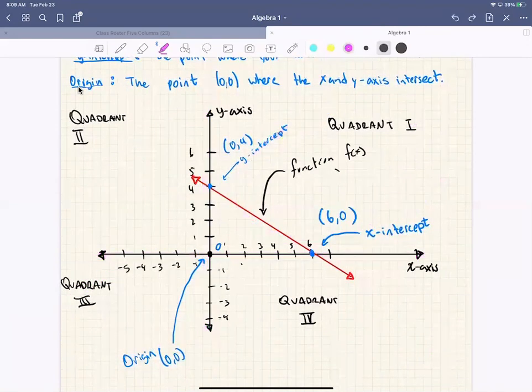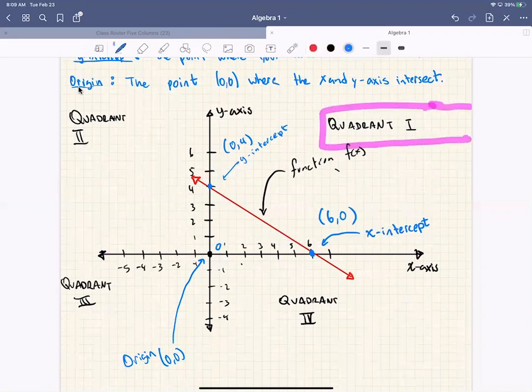The first region is going to be where all the positive numbers are for the x and y axis. So that's going to be quadrant 1. The special thing about quadrant 1 is that x and y are positive. So if you put a point here, this is 6, 4. They're always going to be positive.